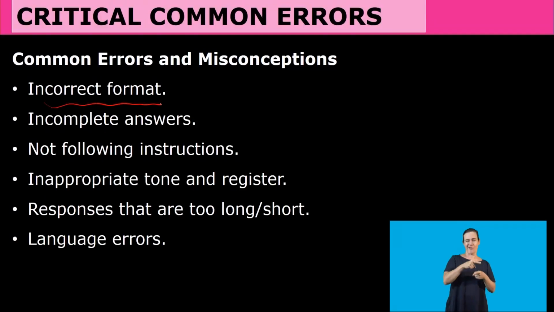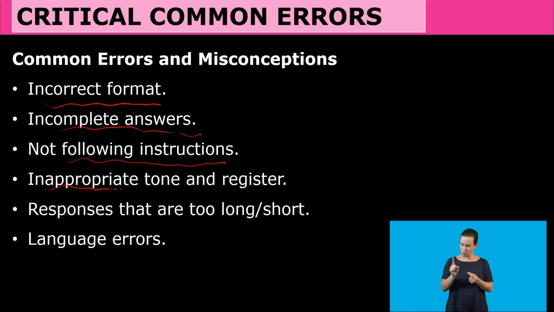Common errors and misconceptions that we find in transactional writing include the following: using the incorrect format, incomplete answers, not answering the entire question, not following instructions. This includes the question and the general instructions of the paper.